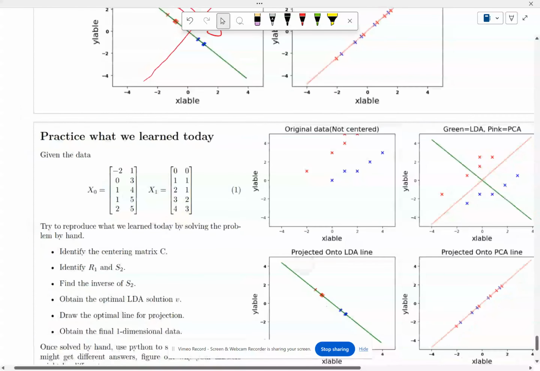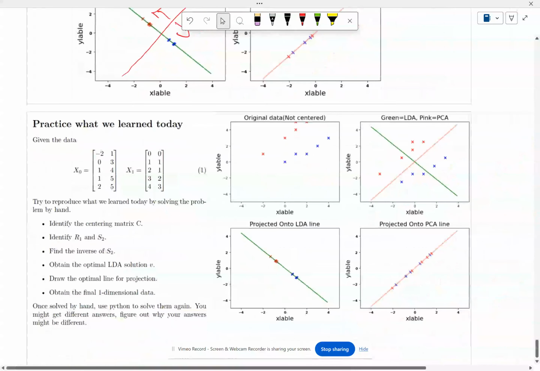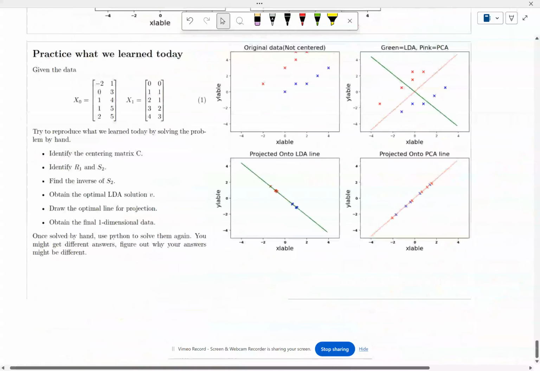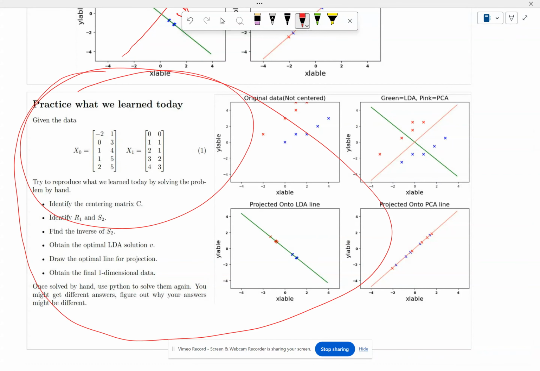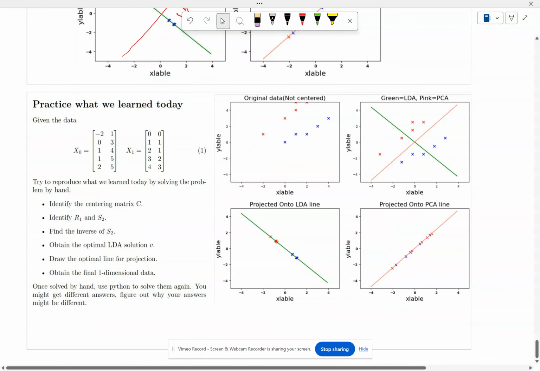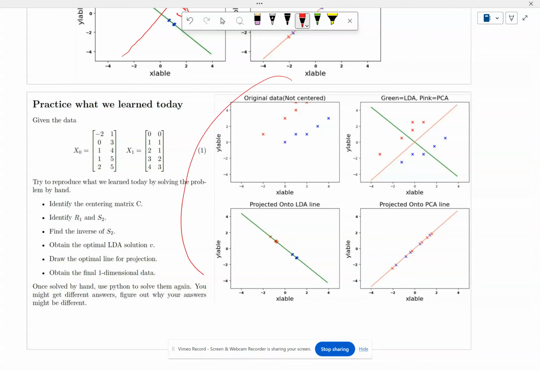Okay. Now, I think that's the last slide. What I want you to do is practice what we learned today. Ideally, I want you to take this and not look at my code. Only look at my code if you're really desperate. But don't look at my code and see if you can reproduce this.